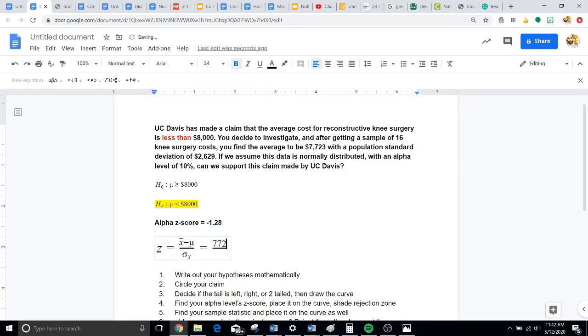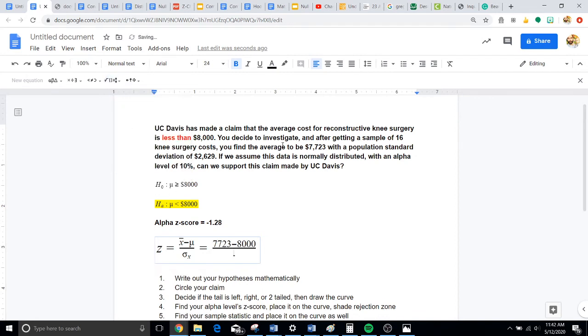So 7723. We're going to subtract from that our mu. Remember, the mu is what we get in our claim, which is 8,000. We're going to divide that all by our standard error, which is standard deviation divided by the square root of n.